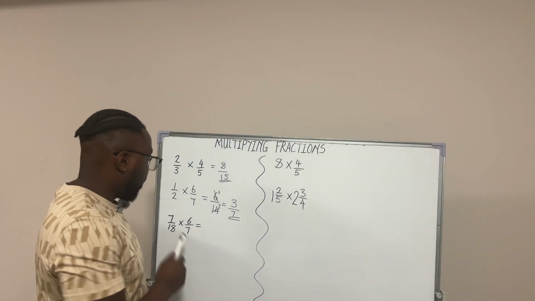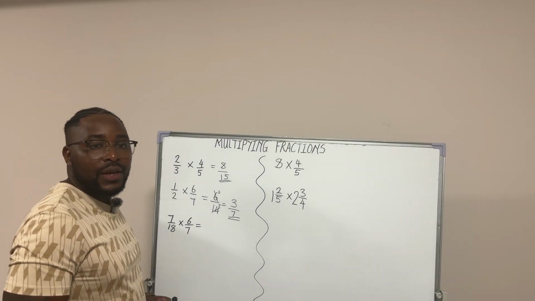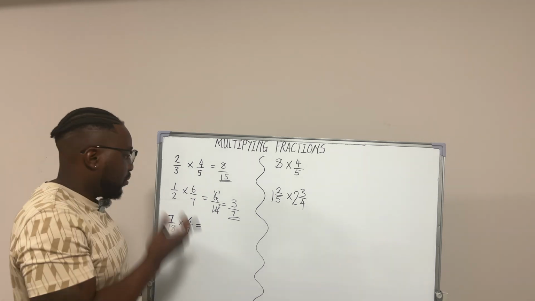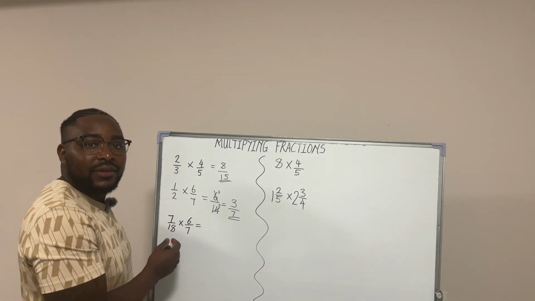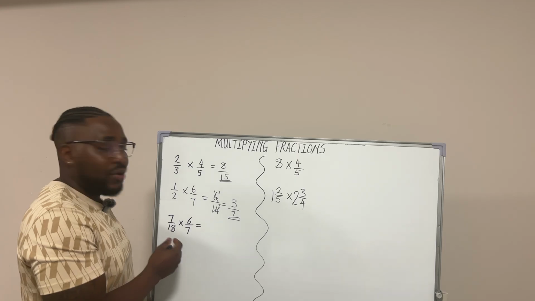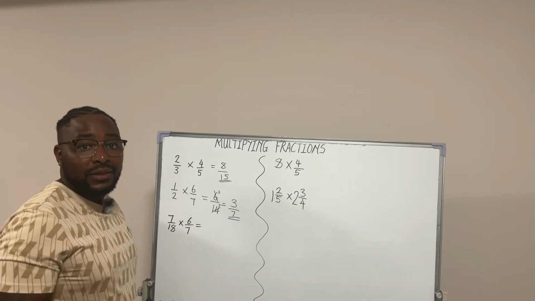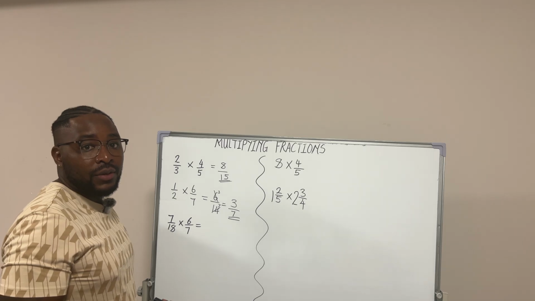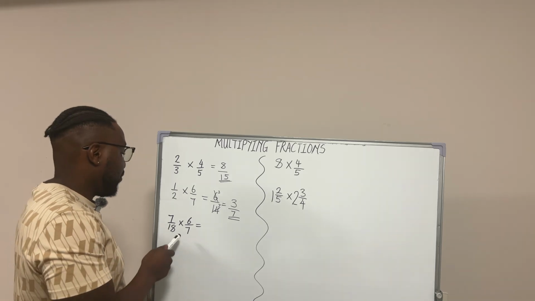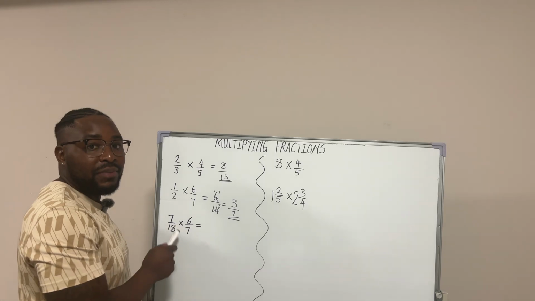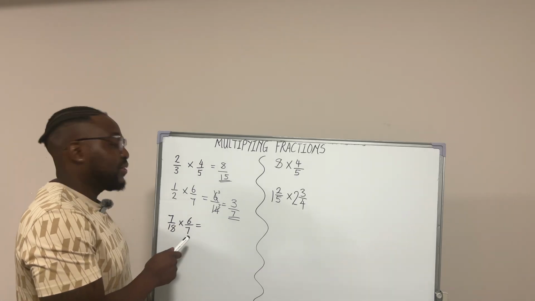Now let's look at our third question. With this question you can start by simplifying, or you can just multiply directly, but I would advise you, if you have two fractions that you're multiplying that you can simplify, please do simplify first.